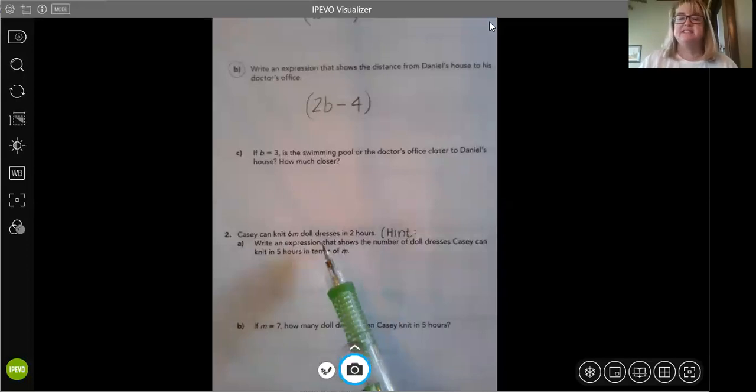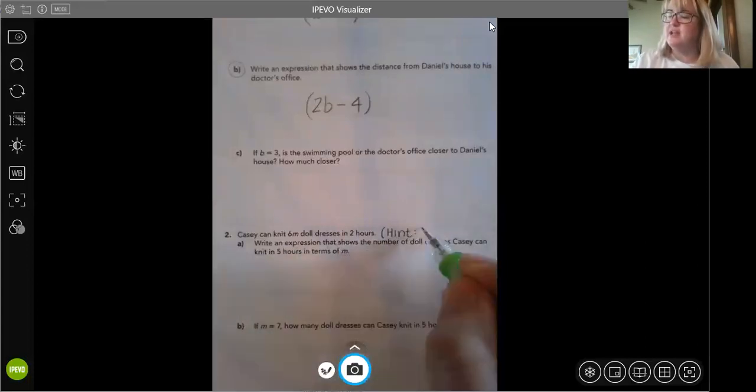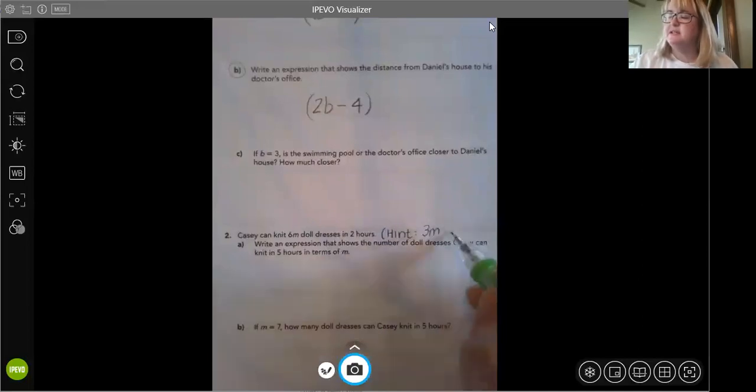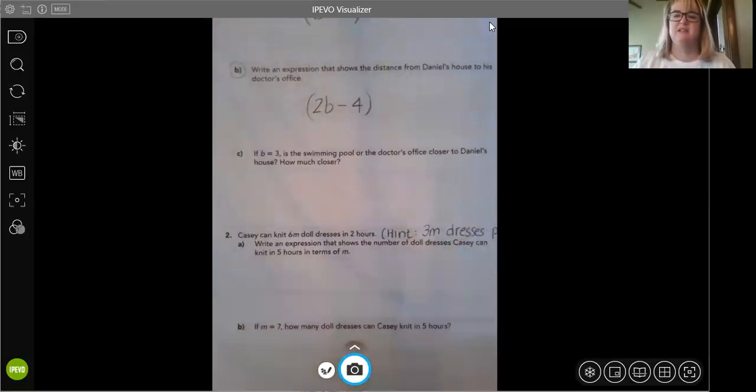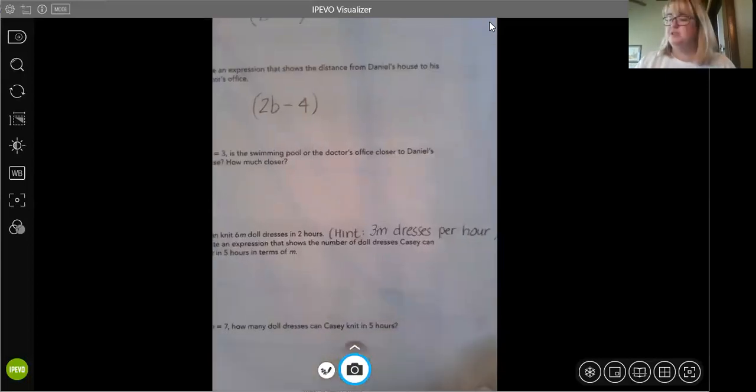So if she knits 6M dresses in 2 hours, how many would she knit in 1 hour? Well, it would be half as much, which would be 3M. So it's 3M dresses per hour. All right, there you go. That is your hint for number 2.